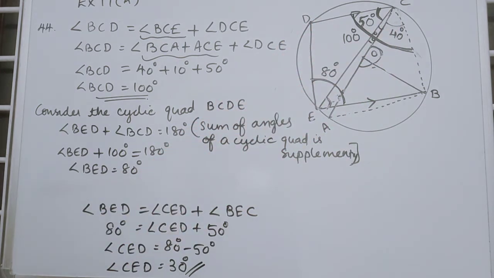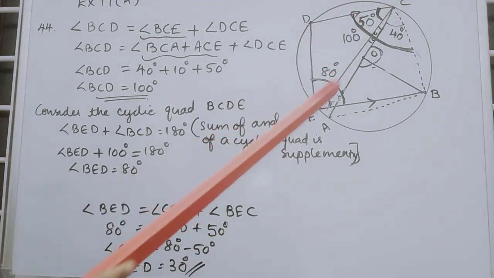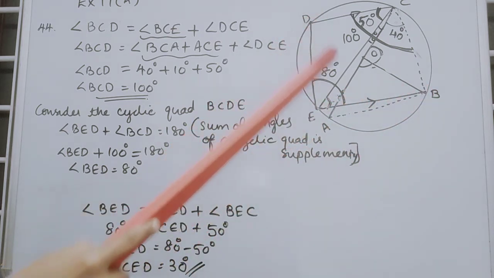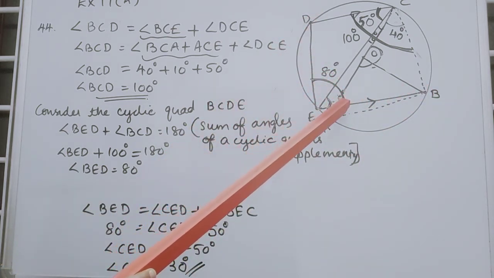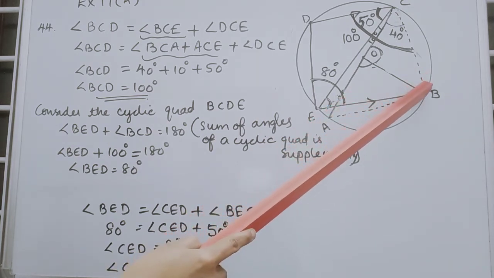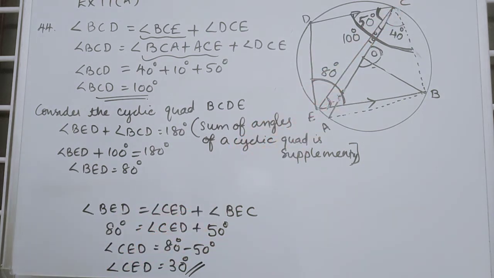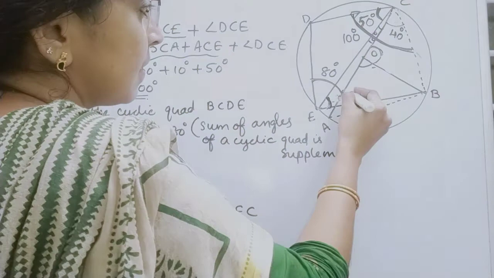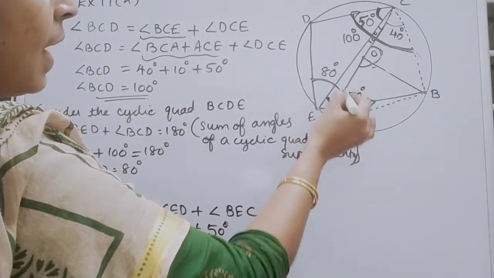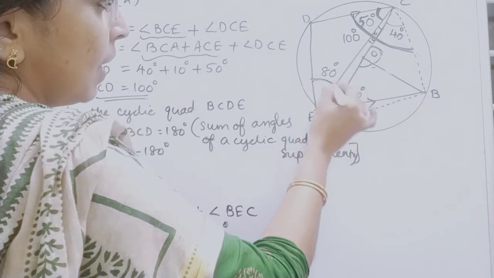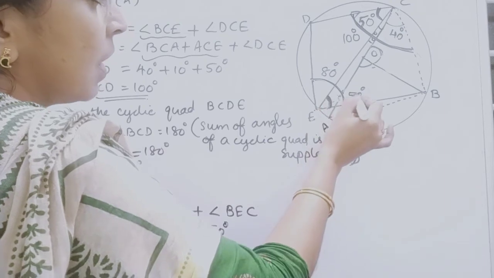We need to prove CED. Now we got BED as total 80 degree. Already we proved BEC as 50 degree. Total angle we got as 80 degree and up to this we got 50 degree.